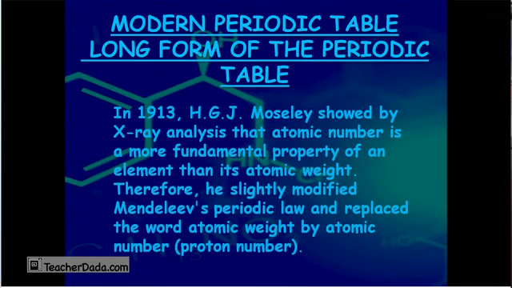Therefore, to some extent, he modified the Mendeleev's periodic law, and he said that atomic number is the periodic function of the properties of elements, and it is more fundamental property of an element.